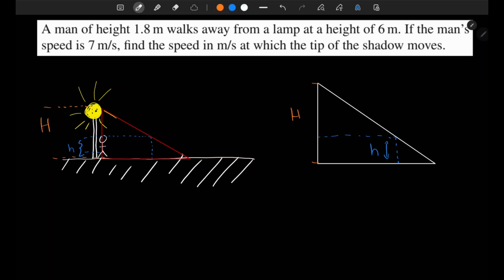So let's label these side lengths just because it will be easier. So this corner will be A, this will be B, and this will be C. And moreover, we'll call this guy E and this guy F. Right, so this point here is E, this point here is F.